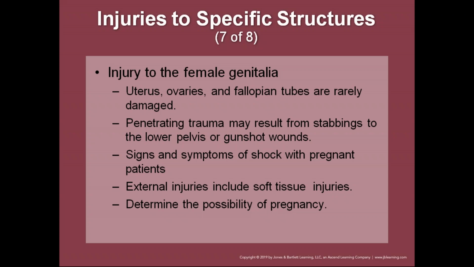As pregnancy progresses, the uterus enlarges substantially and rises out of the pelvis, becoming vulnerable to penetrating and blunt injuries. So you're going to expect signs of shock with pregnant patients. Just expect those signs. External injuries include the soft tissue injuries, and you truly need to determine if there's a potential for that female to be pregnant if you have some type of abdominal injuries.